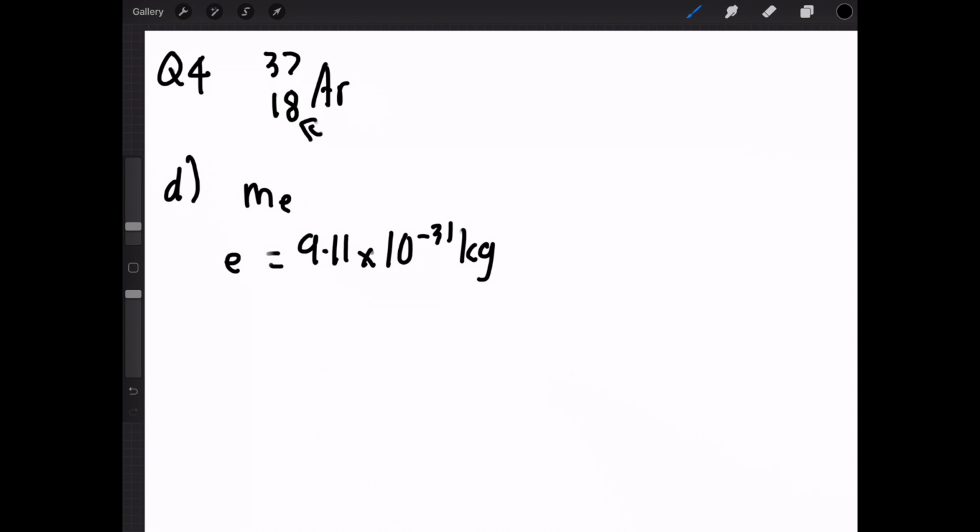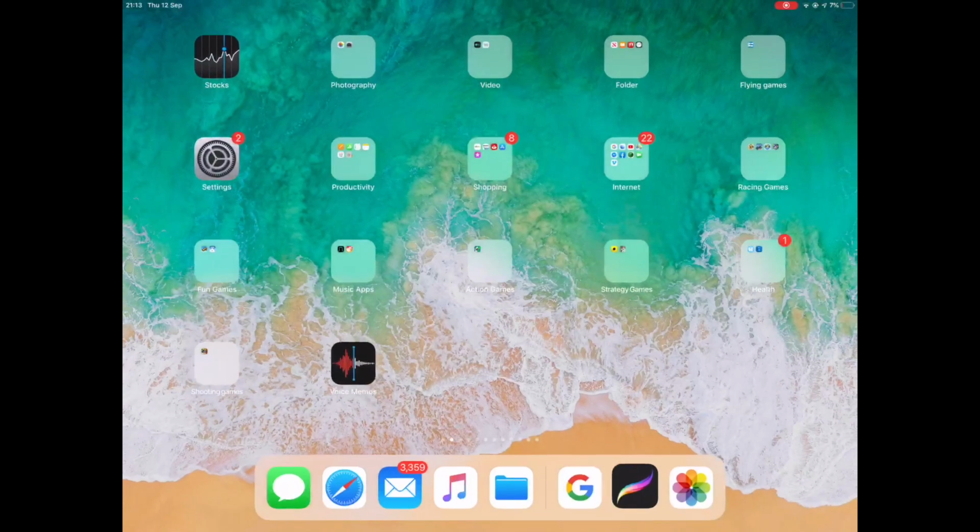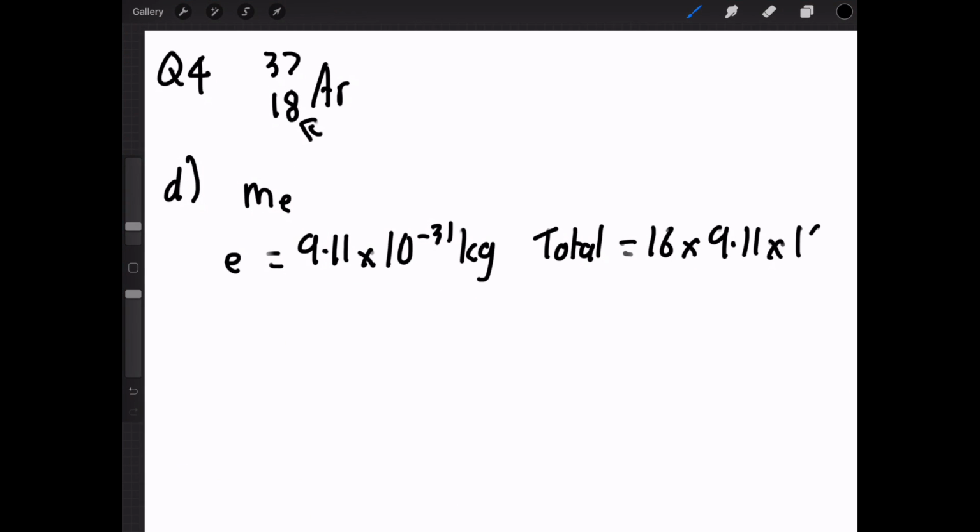So the total mass of electrons is 16 times the mass of the electron, 9.11 times 10 raised to the power minus 31, and that gives us an answer of 1.45 times 10 raised to the power minus 29 kilograms. Okay, well, remember that number.